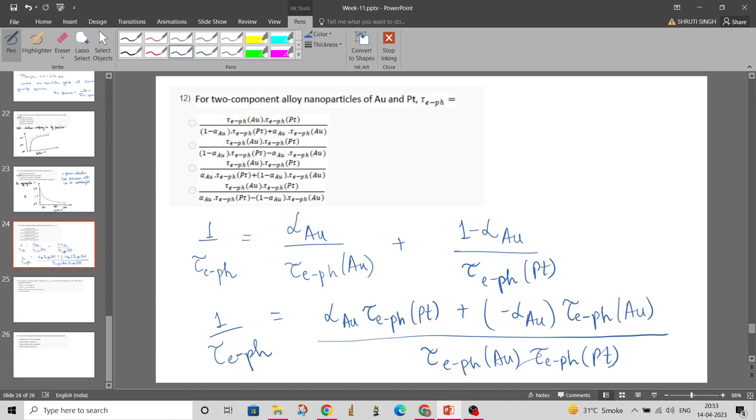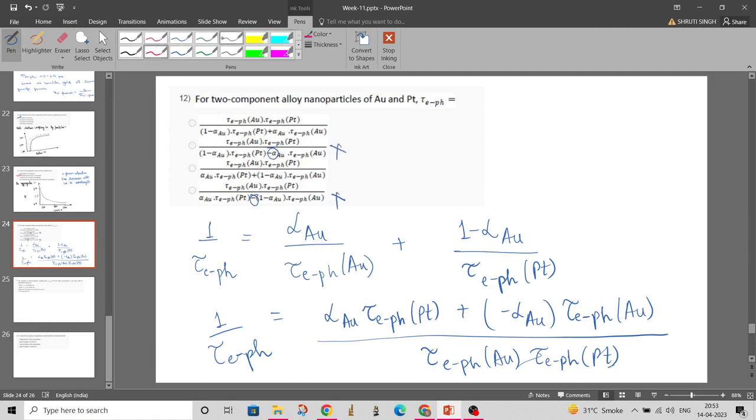So I think the options are: tau EPH of Au and platinum should be in the numerator. Okay, for all of them it's in the numerator. Let's check the denominator. There should be a plus sign in between, so it has a negative sign, so these two are wrong.